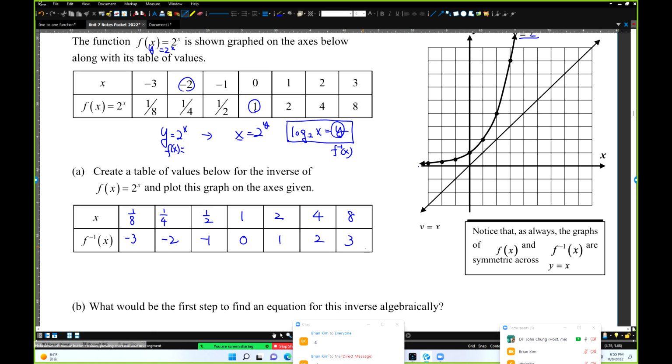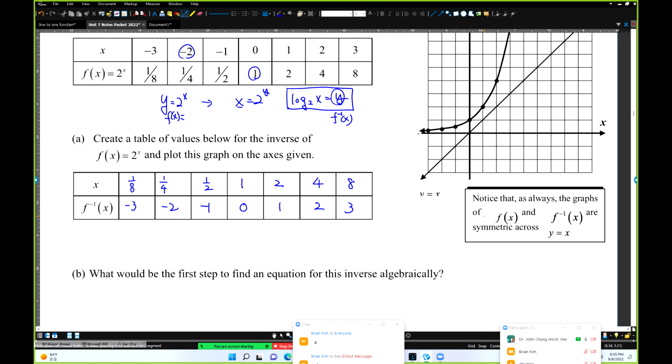Using these values, we can see the graph over here. When x equals 1 over 8, y is negative 3, very close to the axis. When x equals 1 over 4, y is negative 2. When x equals 1 over 2, y is negative 1.